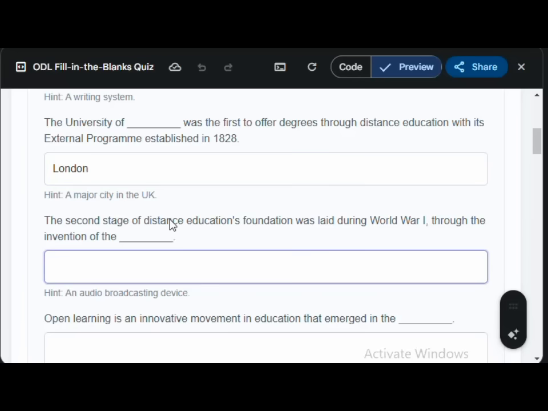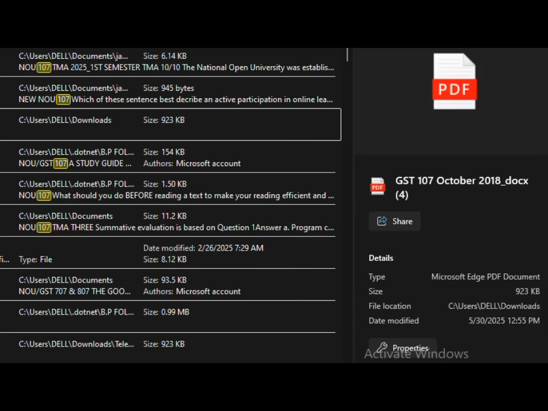The second stage of distance education foundation was laid during World War I through the invention of what? According to the course material, it's written as radio. Let's take a look at the course material, GST 107.